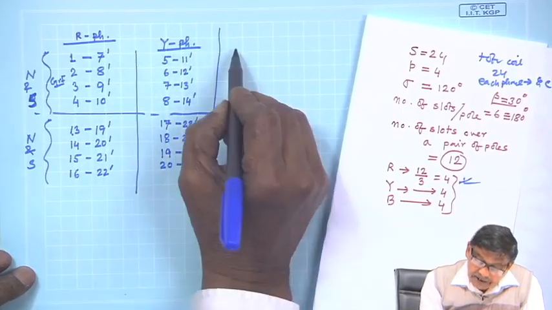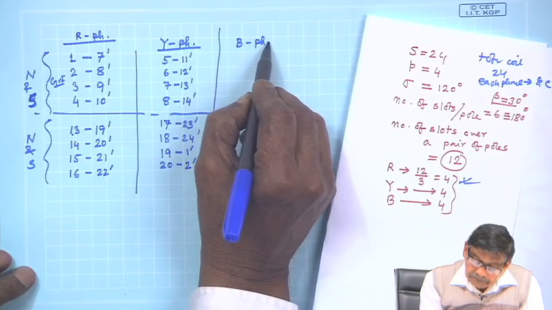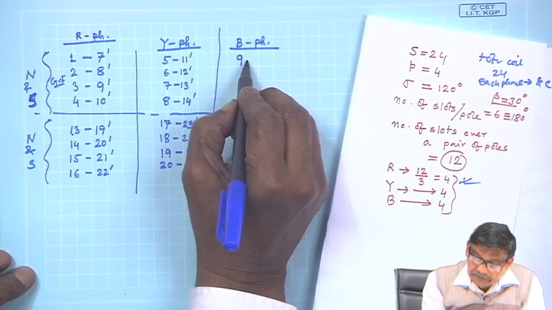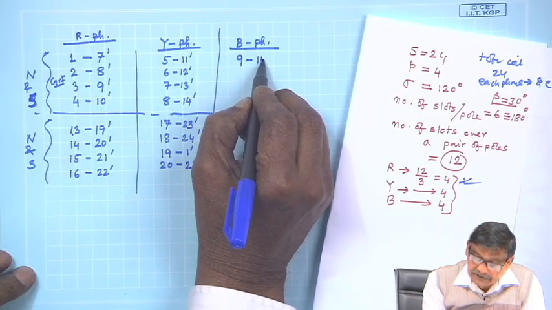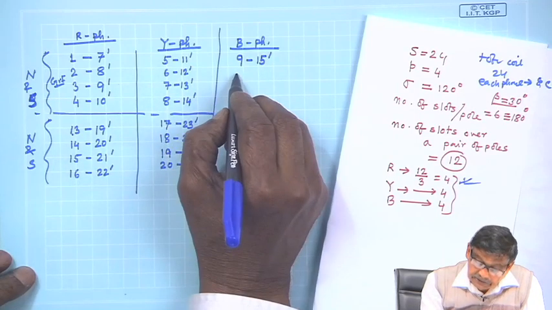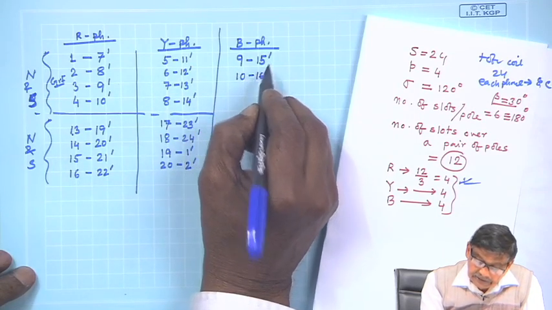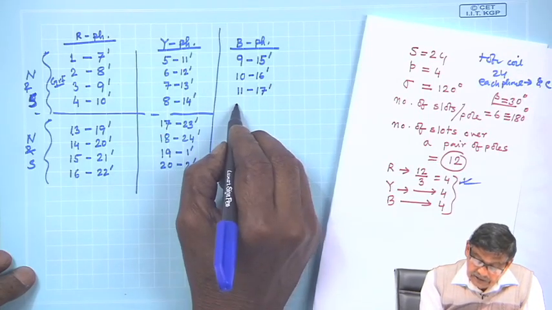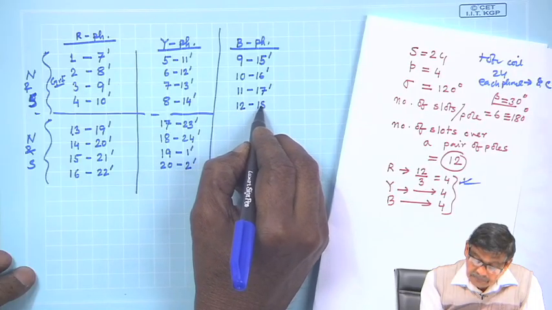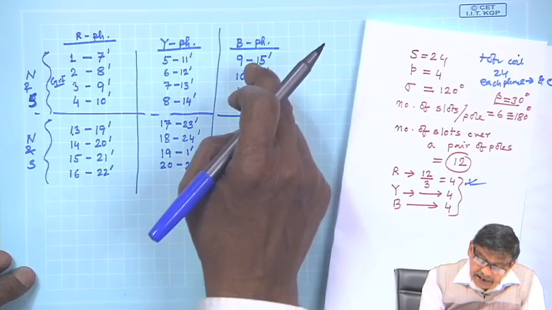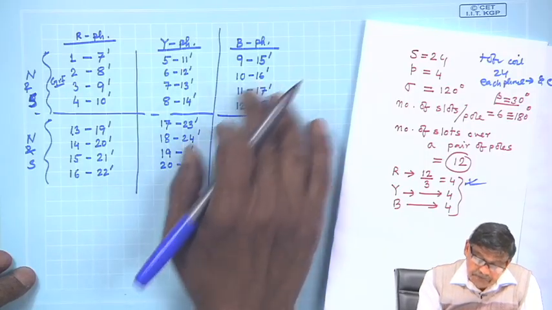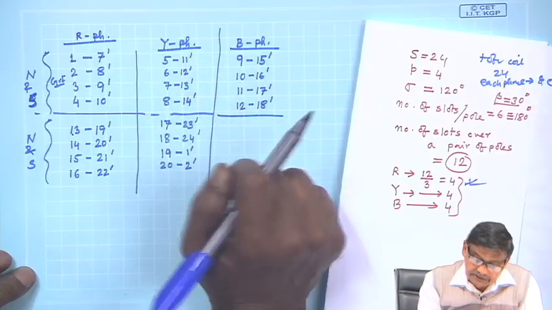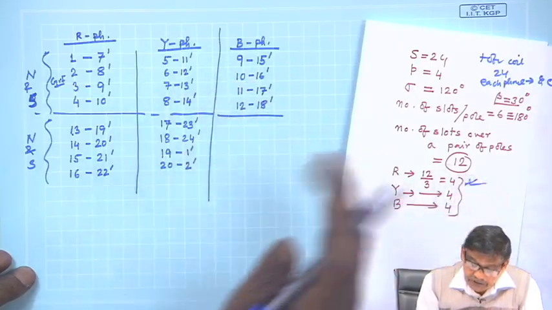And then B phase: 5 plus 4, 9, 120 degree apart. 9, and 6 you add, 15 dashed, 10, 16 dashed, 11, 17 dashed, and 12, 18 dashed. Then the next group of B phase will start by adding 12 to 9, after 2 poles apart.